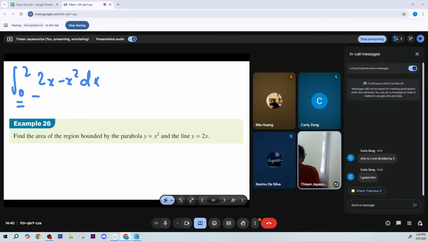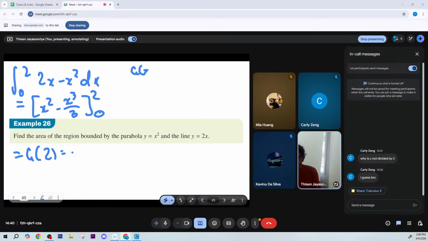We get x squared take x cubed over 3 from 0 to 2. Then we do g of 2 take g of 0, where g of x equals x squared take x cubed over 3. g of 2 is 4 take away 8 over 3, which is just 4 over 3.